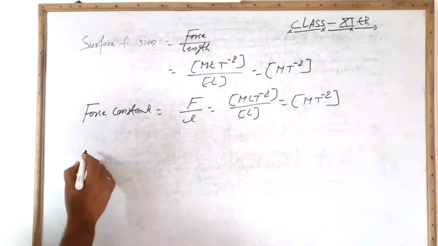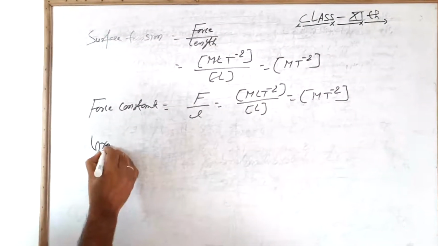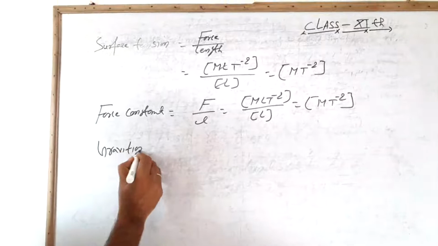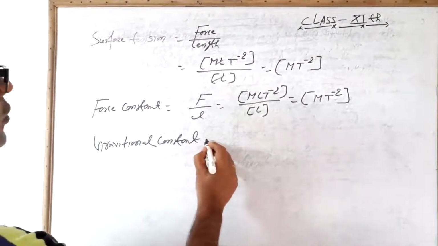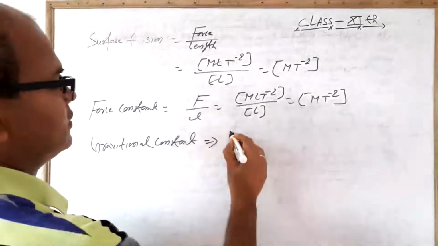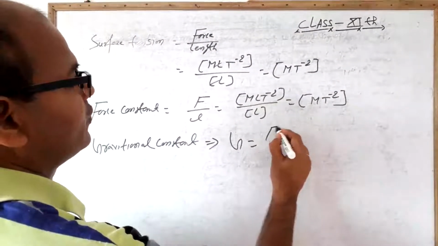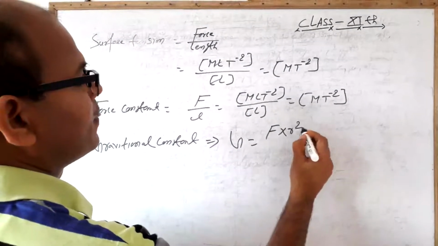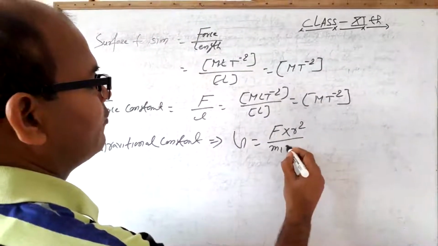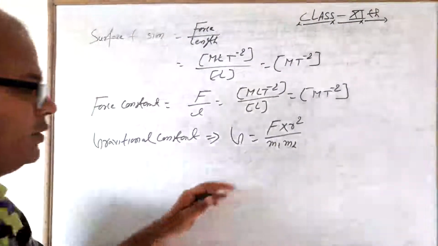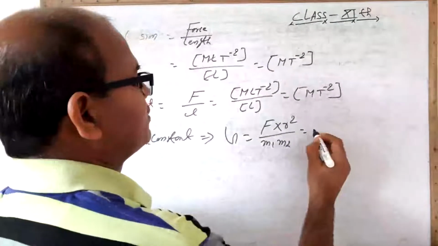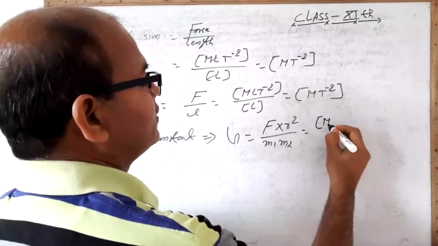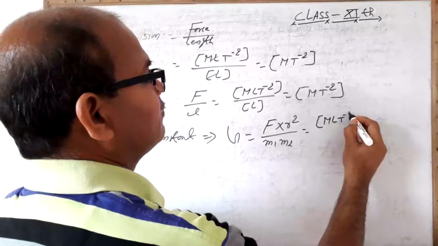Okay. Next point is the gravitational constant. Students, you know that G equals F R square divided by M1 into M2. This is the universal gravitational constant. The dimension of force is M L T inverse 2.